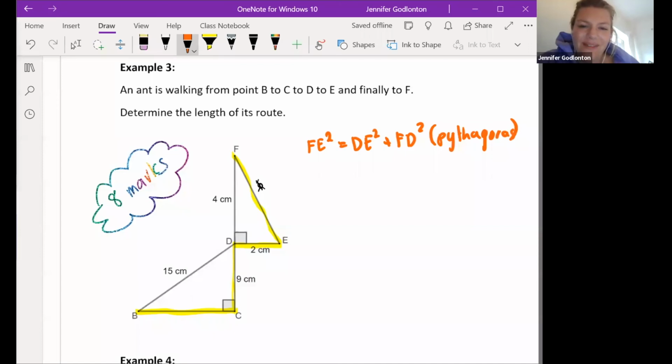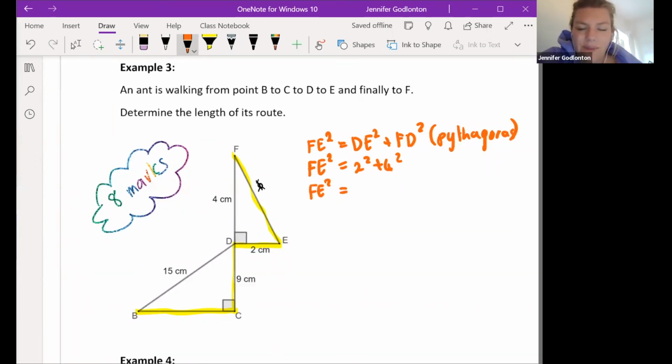Next line. And then I said x squared equals 2 squared plus 4 squared. Ma'am, can I just continue saying x squared? You can, but unless you write x on the diagram, you can't use x. If you wrote x on your diagram, that's fine, but that's the reason I'm saying FE squared.